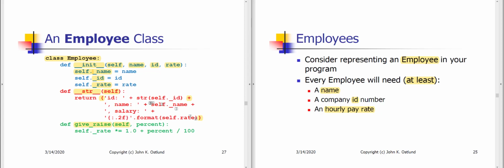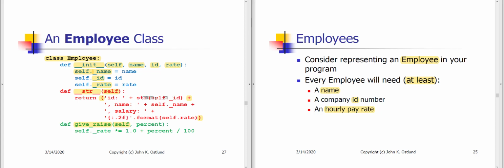So what are we returning here? We're returning the literal string ID colon space, followed by the ID number. I haven't said so, but let's presume that ID number is an integer. So we're going to convert that ID number into a string and concatenate it onto the end of ID colon space.